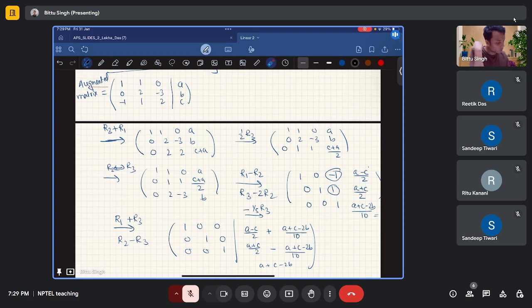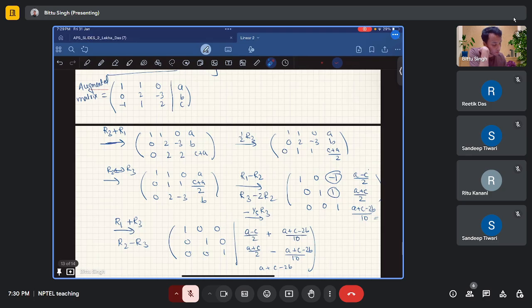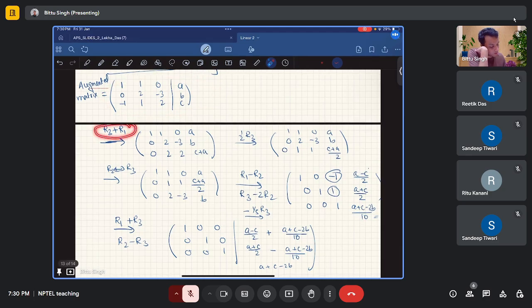So let me try again from the first step. It is given like this. I am applying R3 plus R1. This is R3 plus row 1. So it will give you 0, 2, 2, and a plus c. It is okay. Now half of R3, half of this, it is giving you 0, 1, 1, (c plus a)/2. Okay.